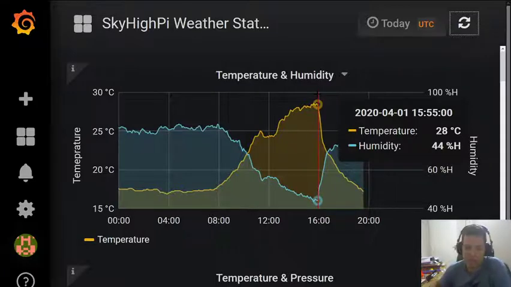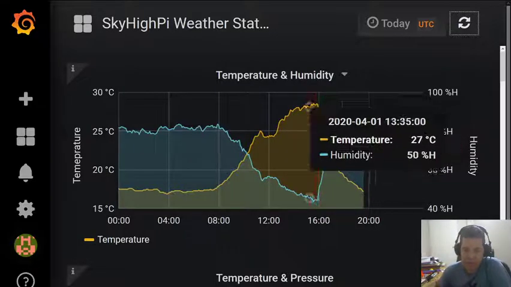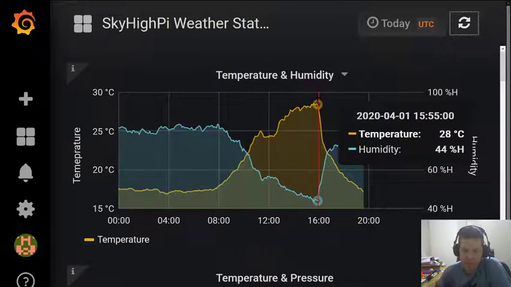The reason, as we have learnt, is that when the air gets very hot, it can hold a lot more water molecules, water vapor, and that means the relative humidity is very low.